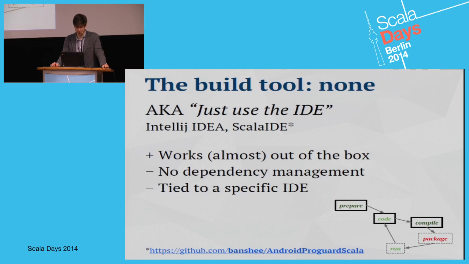I haven't used Scala IDE recently, but I think it works as well. You have to install the plugin in the link below, but with this approach it's very easy. But you don't have automatic dependency management that you would get from a build tool, and you're binding yourself to a specific IDE, so if later you want to change to a different IDE, this would not be very convenient.